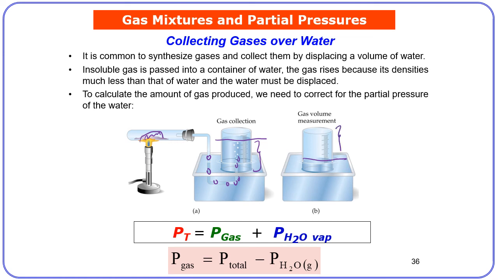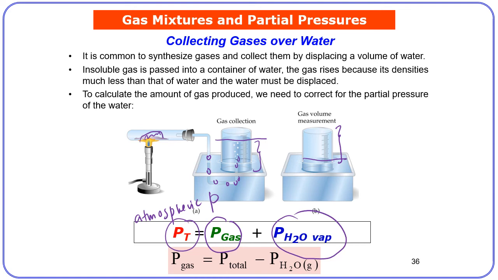So we will say that the gas that we collect is P gas plus PH2O vapor. Water vapor also has its own partial pressure. So P total is atmospheric pressure.